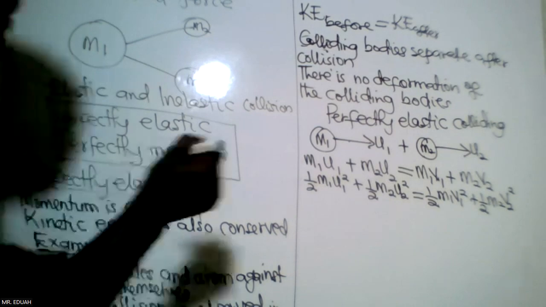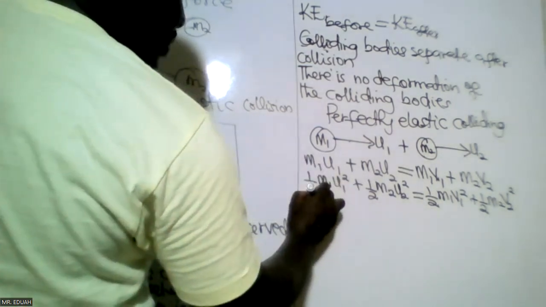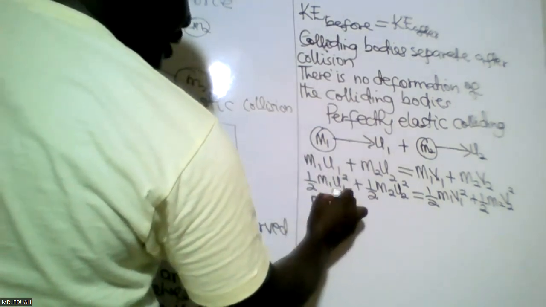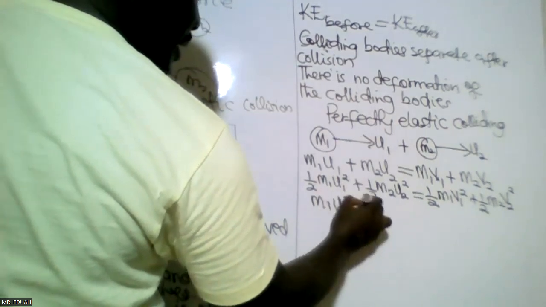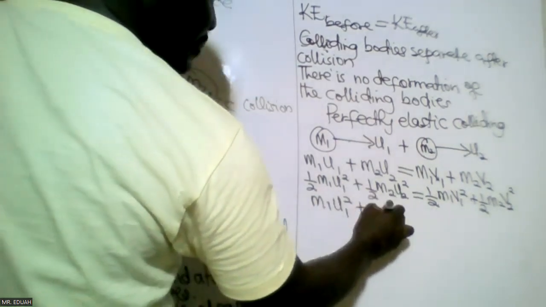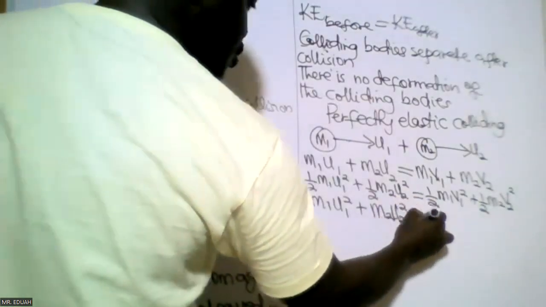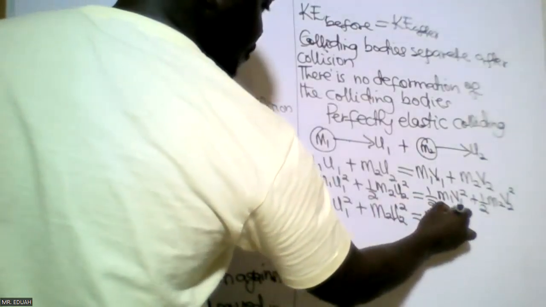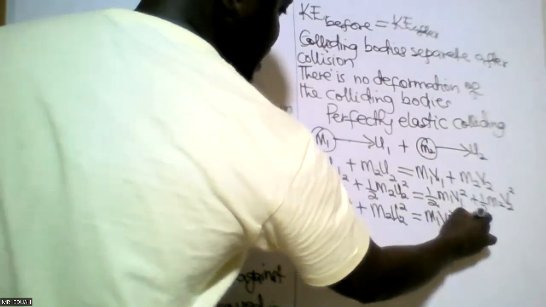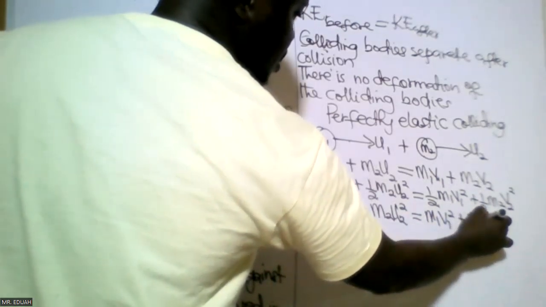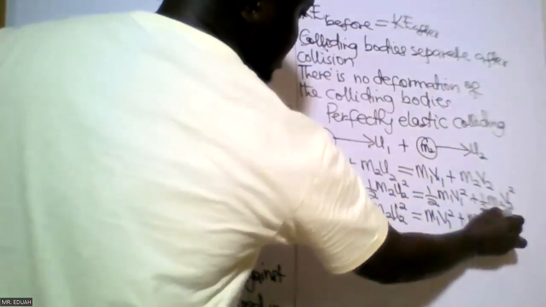Okay, so we can multiply through by 2 to eliminate the half: m1 u1 squared plus m2 u2 squared equals m1 v1 squared plus m2 v2 squared.